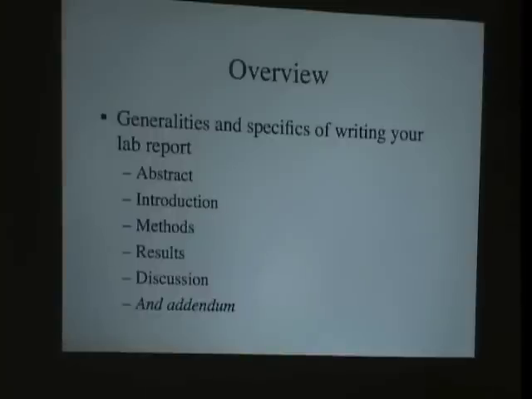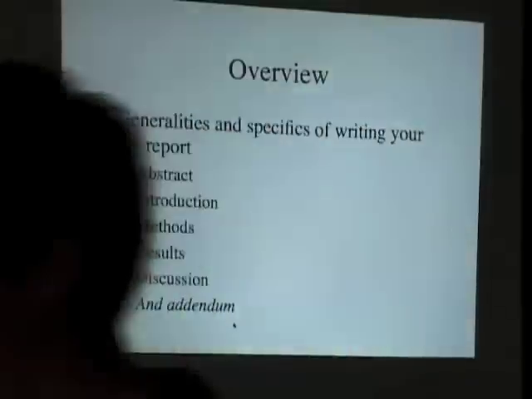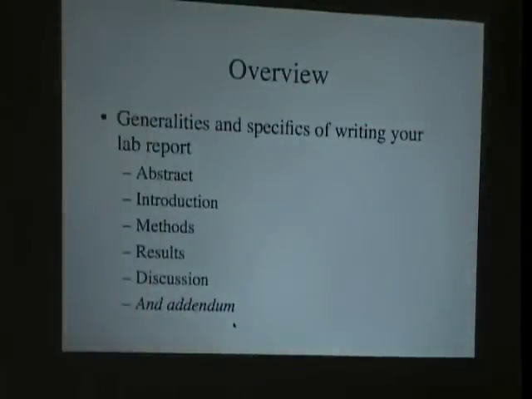And usually, well, more and more anymore, but often you won't have an addendum, but you will have an addendum. What's going to be in your addendum is we're going to take pictures of the tissue that you sectioned. You're going to stain them and take pictures of them regardless of what you got.